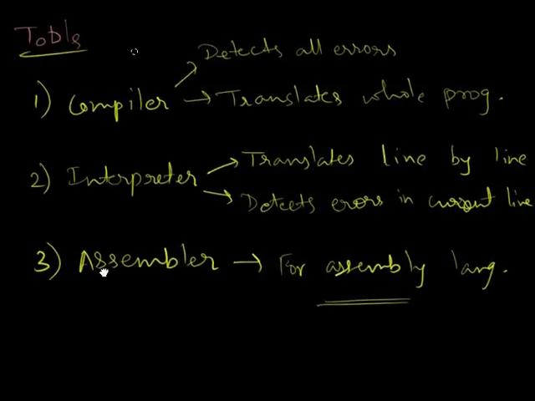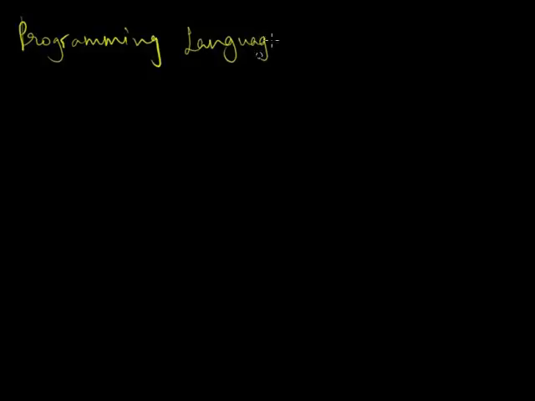Okay, now let us look at programming languages. We use programming languages to write programs. We have three types of programming languages.